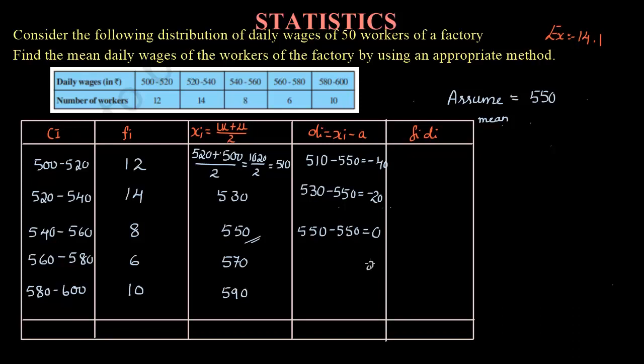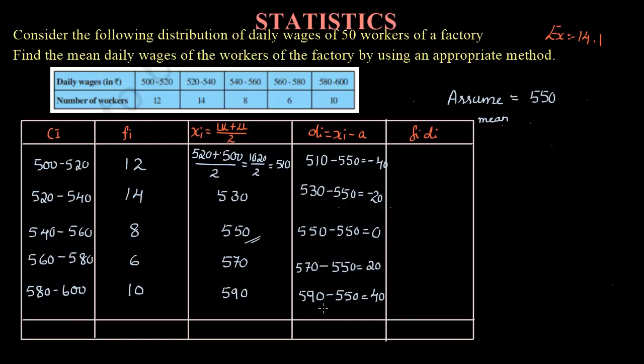You will be getting 20. Now this one will be positive because here the class mark is greater than the assumed mean. So 570 minus 550 is equal to 20. Then you have 590 minus 550, which will be 40.